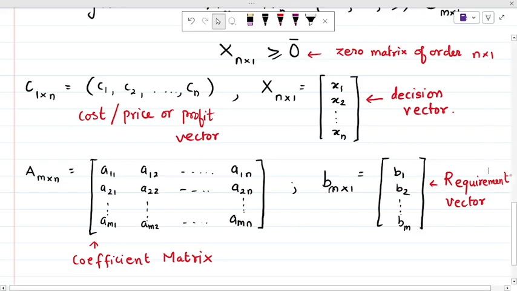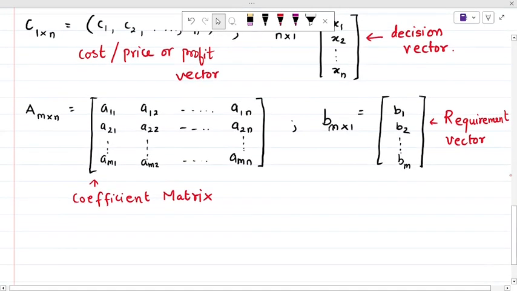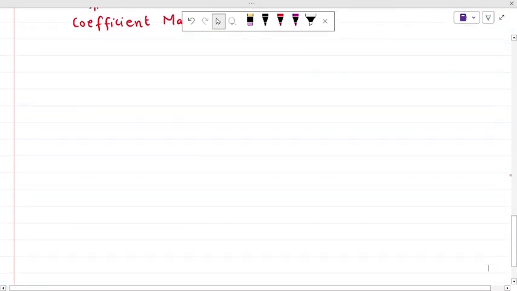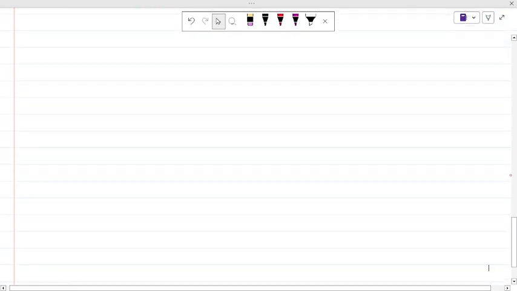Now let us go in detail and understand what will happen to the canonical form. Mostly whenever we deal with LPP, we always deal with the maximization type, because it is the most standard way to understand the LPP and help our understanding become strong. Once you understand the maximization type, automatically the minimization type is taken care of, because there are some simple rules that help us understand it easily.